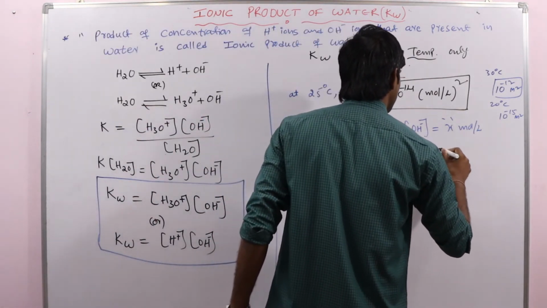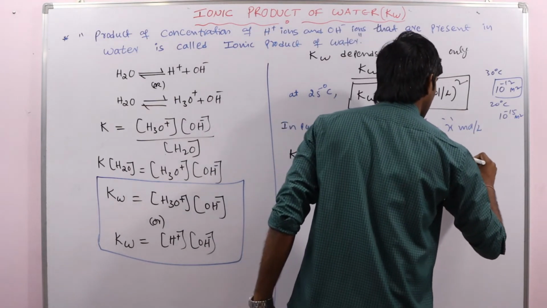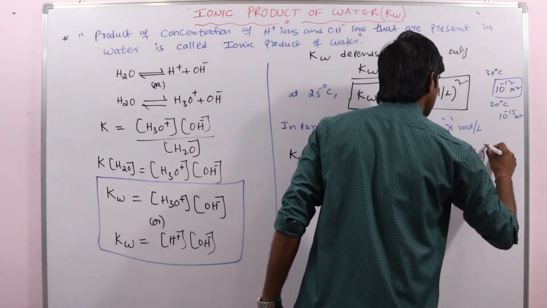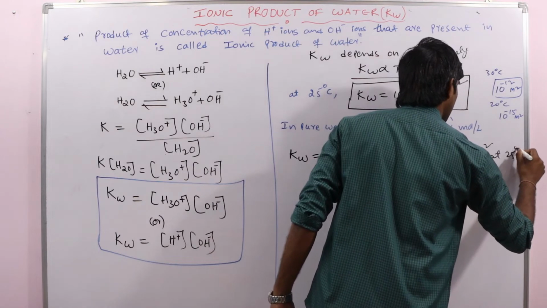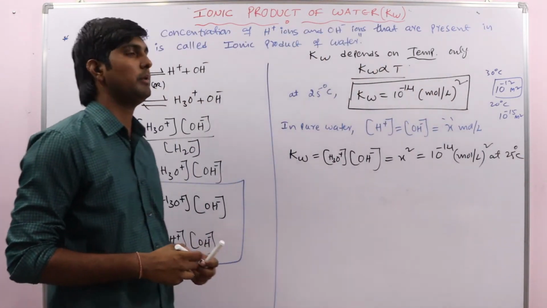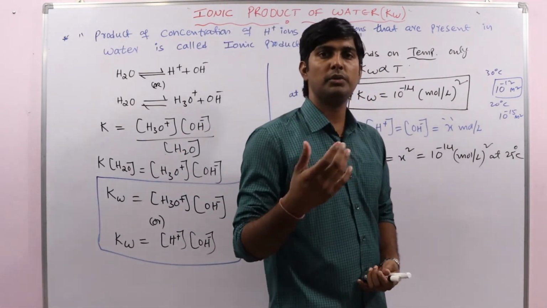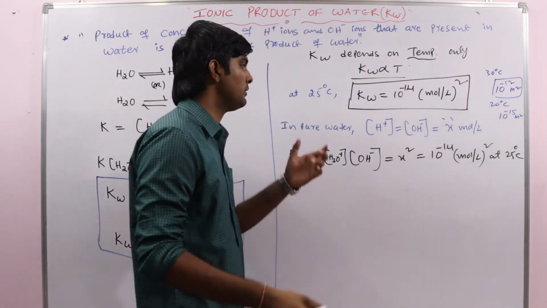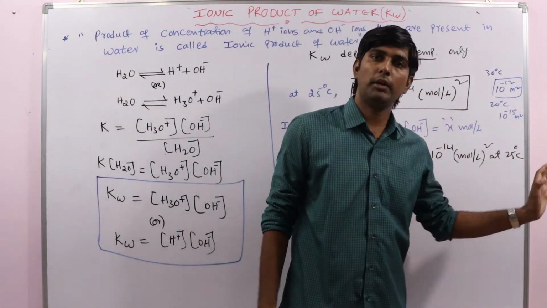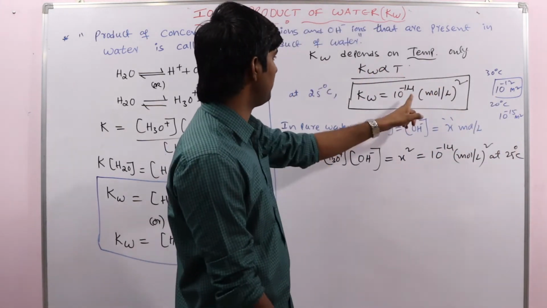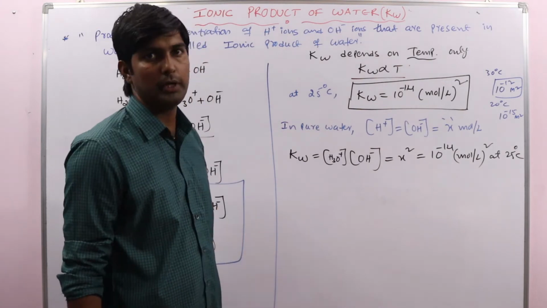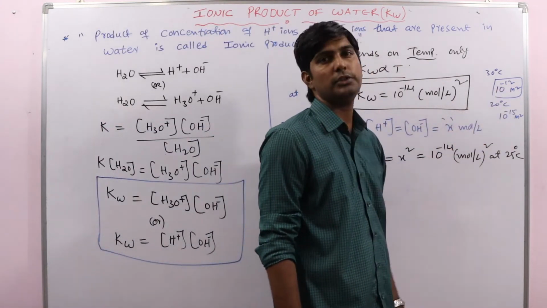That is equal to how much? 10 power minus 14 moles per liter whole square at 25 degrees centigrade. Remember that we must mention the temperature while writing this value. Okay. Suppose if they didn't mention temperature, it means we have to consider 25 degrees centigrade. Okay, because this value is only at this temperature. If temperature changes, the value changes.